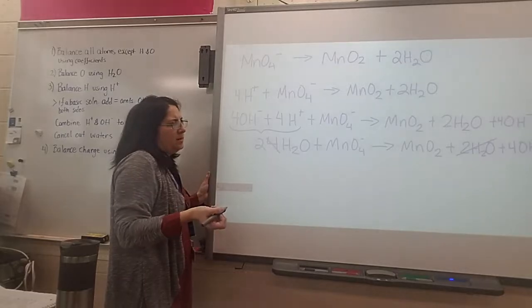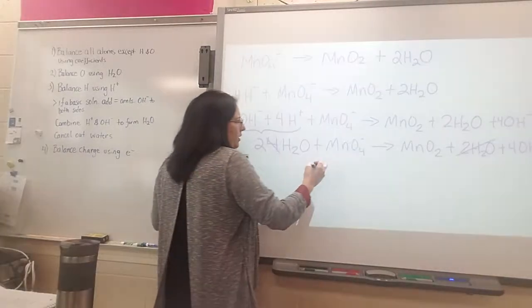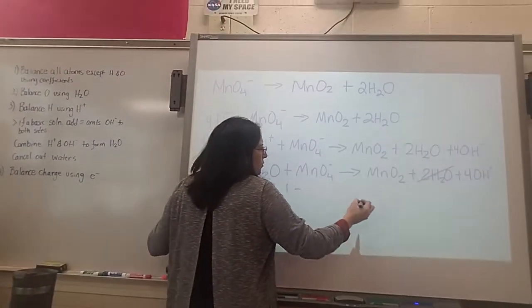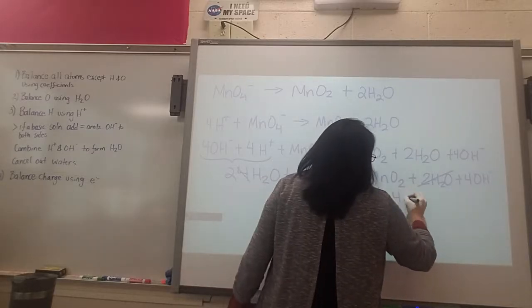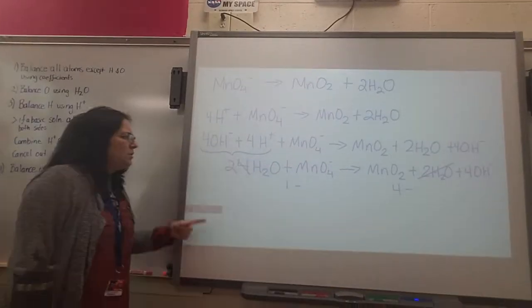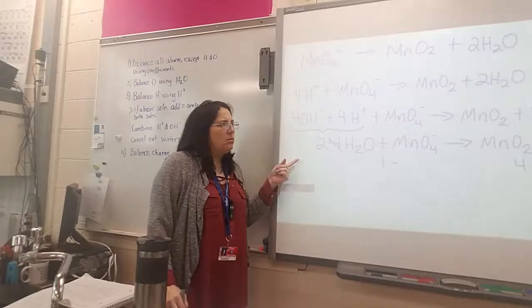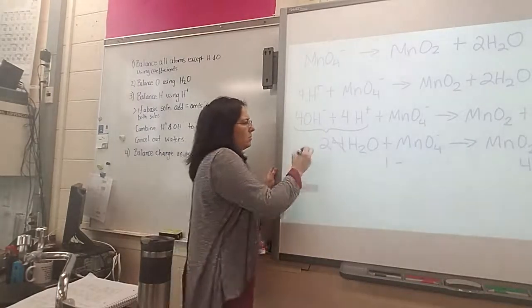Then I can start balancing my charges. Over here I have 1 negative. Over here I have 4 negatives. So what do I need to add to this side? 3 electrons.